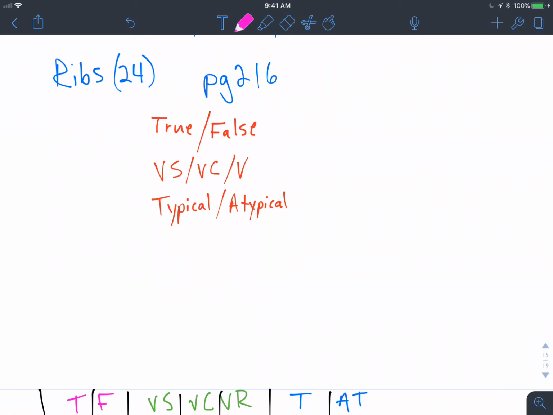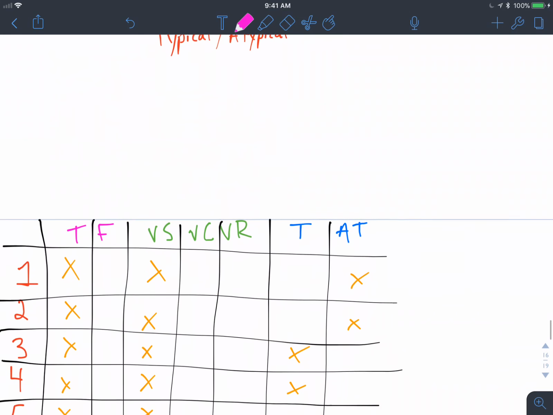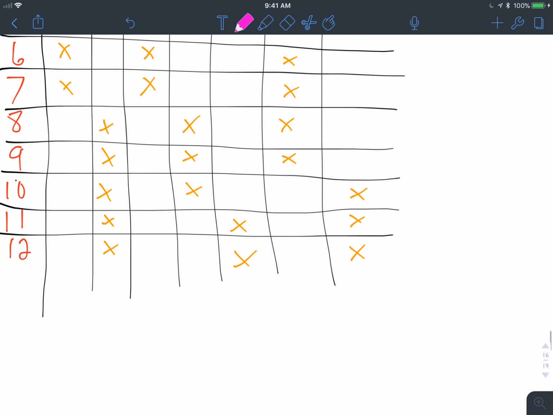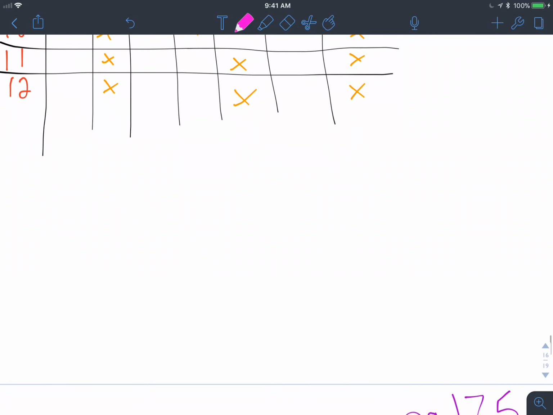So knowing the picture on page 32 is really key, in my opinion. So keep that in mind. Again, check out 216 if you really want. And then I just have a chart showing the rib classifications, where they fall with those. Probably overkill at this point, but take a look if you want.